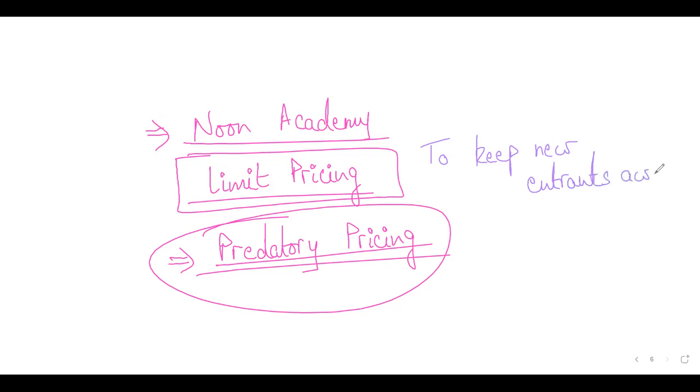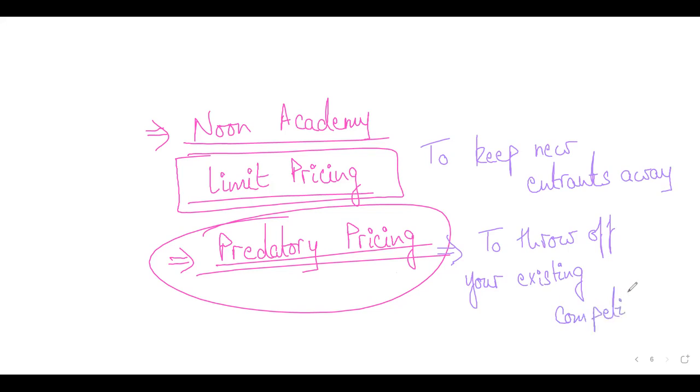To keep new entrants away, that is limit pricing, and this is to throw off your existing competitors so that they cannot compete with your prices. Did you get this, Arbab? So that is the difference.